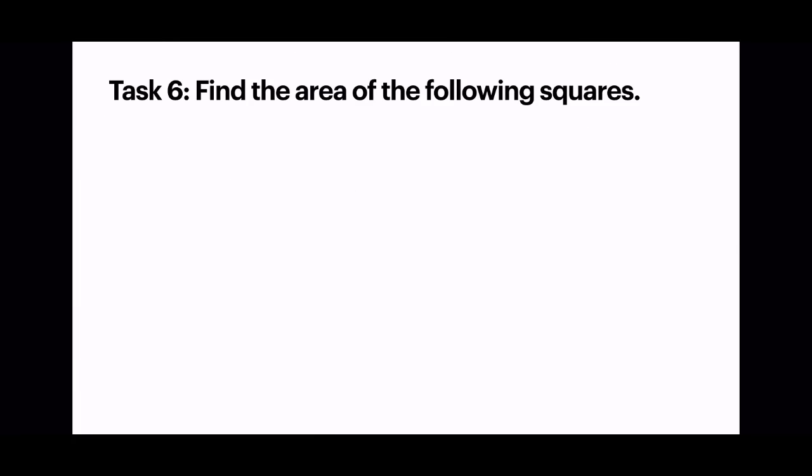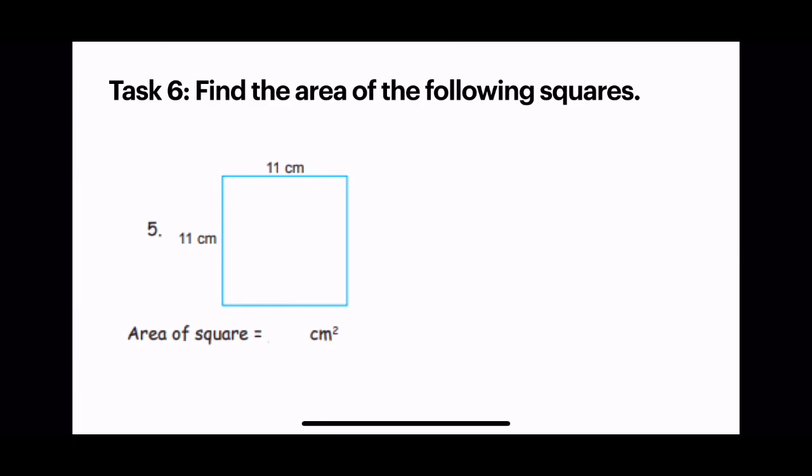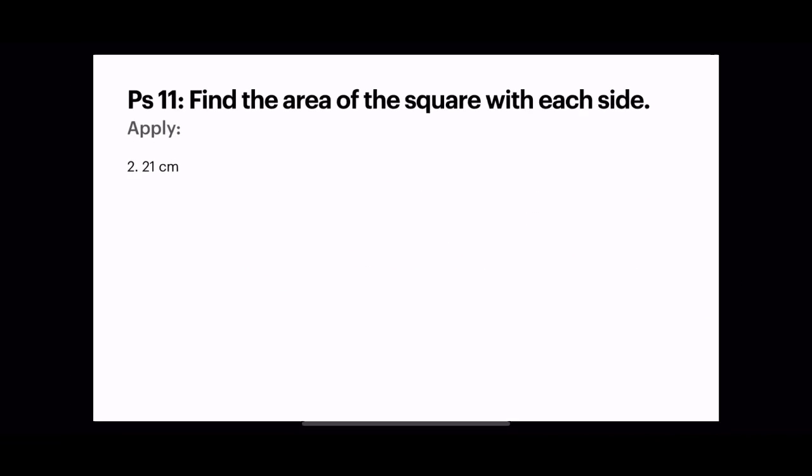Now task 6, find the area of the following square. Let us see the fifth sum. Here the side of the square is given to be 11 centimeters. So area of the square is side into side, which is 11 into 11, and so it is 121 centimeters squared. Problem set 11.